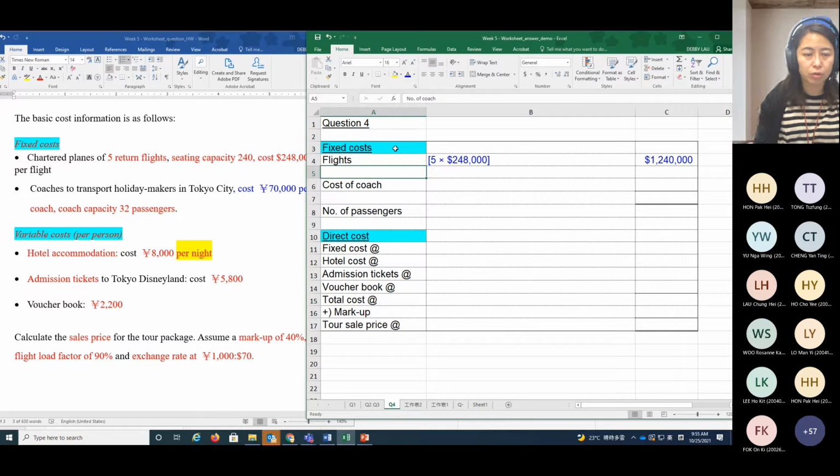Okay, so you have to calculate the number of coaches required for each of the flights. So here you have to write down your working. I highlight it in green. This is not part of the answer, but this is one very essential step.